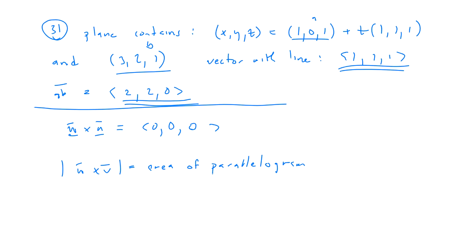But these are three-dimensional, so there's no area. Whereas if we take the cross product and then take the dot product with the third vector, we'll get the volume of the parallelepiped that we get.